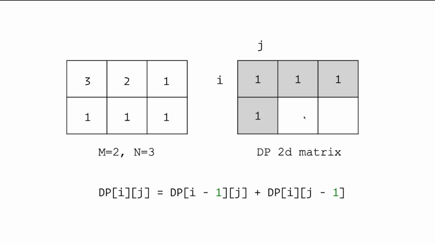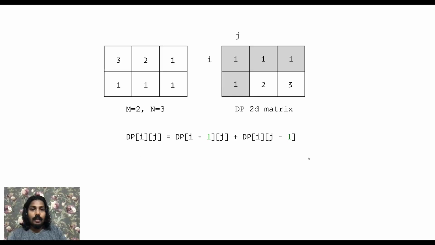The current cell is filled by adding these two values. At the end of the calculation, we have our last cell filled with the answer for our problem. This has a time complexity of m times n because we need to traverse each and every cell, and the space is the whole DP array.